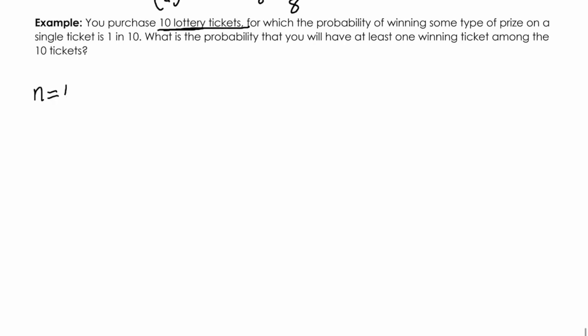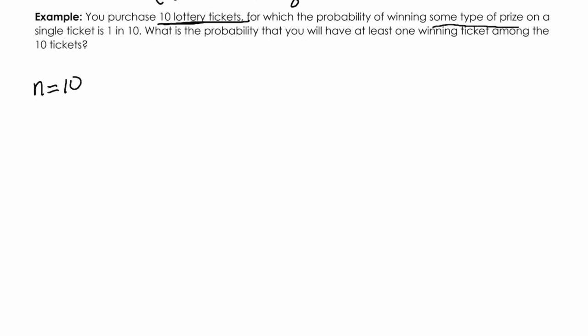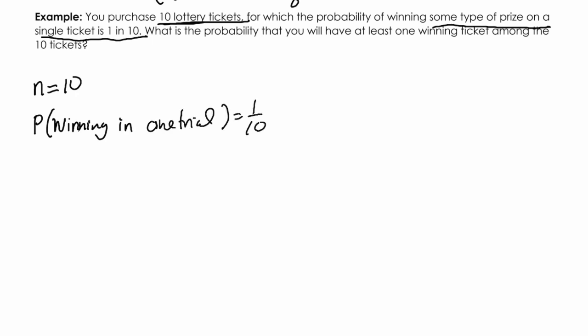So let's break this information down. We got 10 lottery tickets, so that means we've got n trials. We've got n chances to win. It says the probability of winning on a single ticket, so in one try, is 1/10. So the probability of winning in one trial is 1/10.